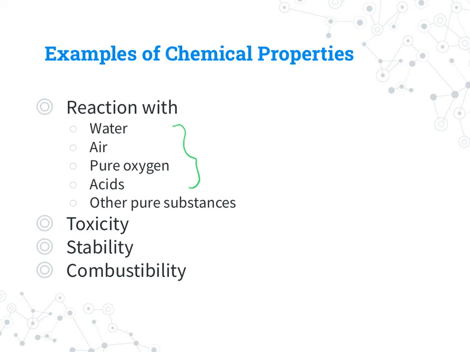Other options could be things that are radioactive, like uranium, which is used because it continuously breaks down and has this nuclear chemical reaction. Combustibility, how well or quickly it lights on fire, because that's the substance itself and oxygen creating some new products.